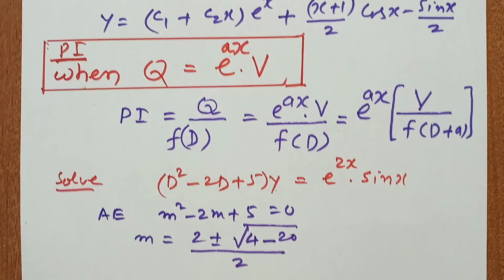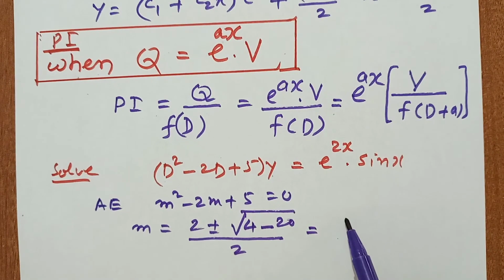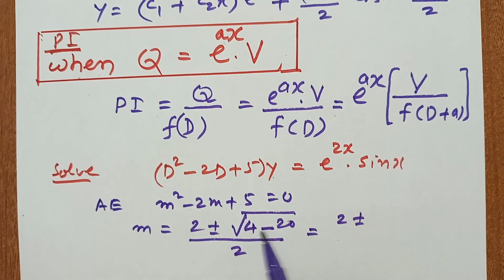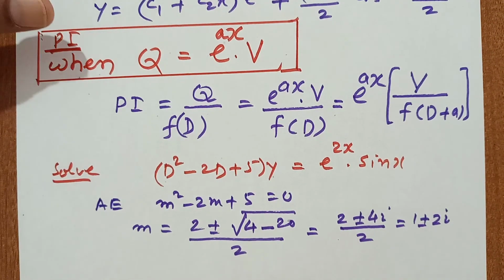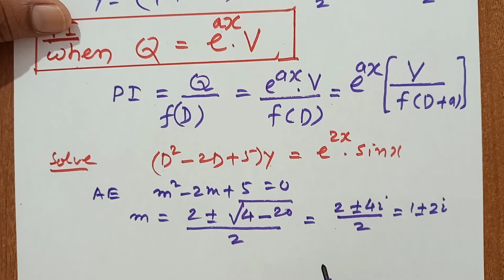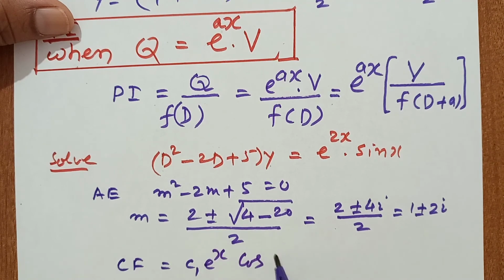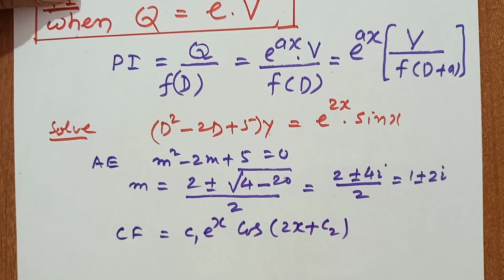Okay, so this can be written as 2 plus minus square root of minus 16, meaning 4i, upon 2. So this is 1 plus minus 2i. Okay, so by the formula, if roots are imaginary, alpha plus minus i beta, so CF is e to the power alpha x, meaning e to the power x, (C1 cos beta x plus C2 sin beta x). Okay, so this is the complementary function.